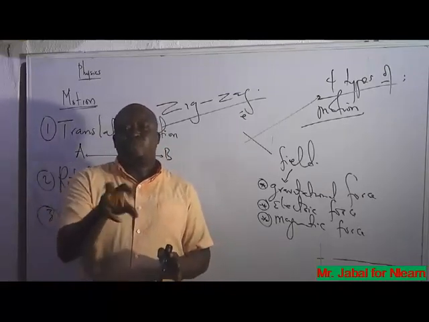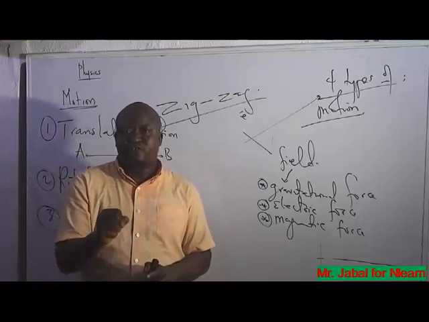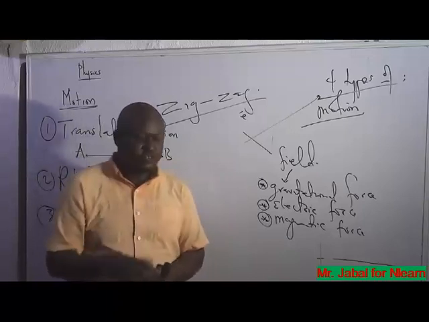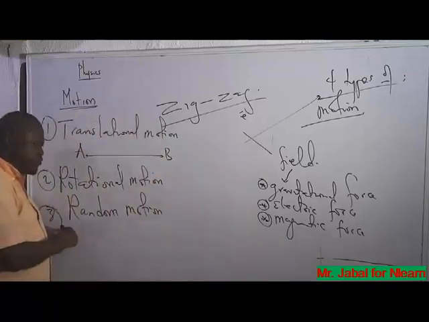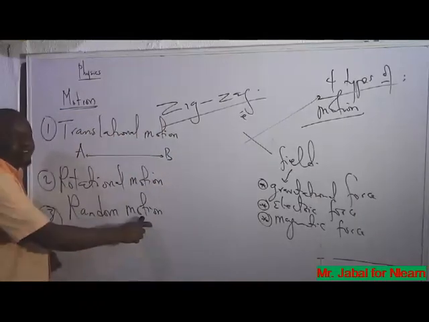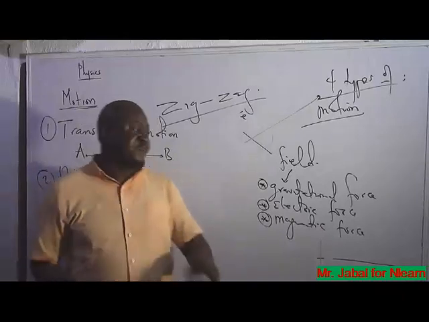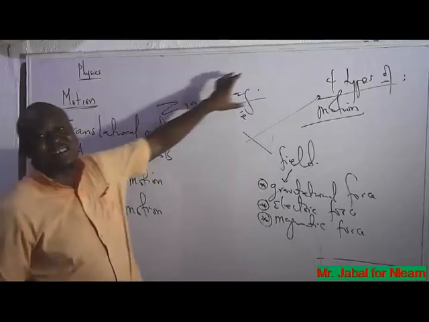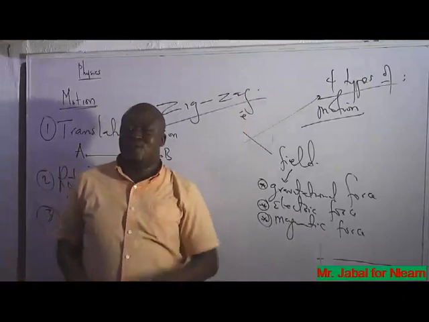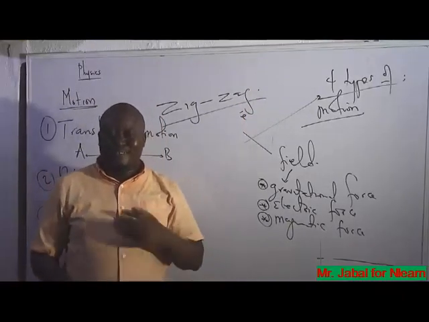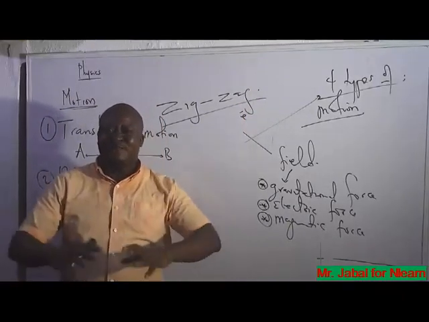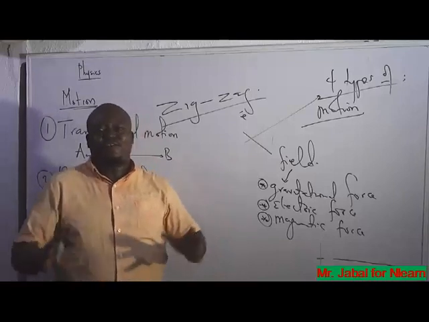So the motion of the smoke that comes out of your car exhaust is an example of random motion. Students, you must take note that random motion is called zigzag motion. So when somebody asks you, what is random motion? You say, random motion is a kind of zigzag motion.